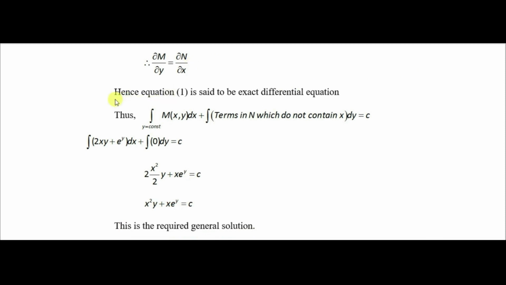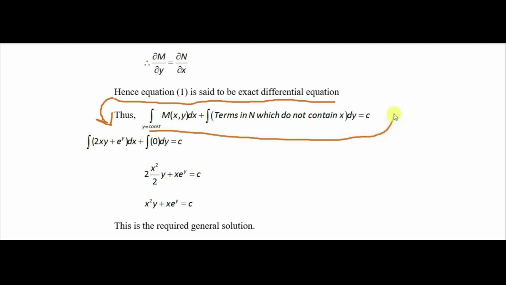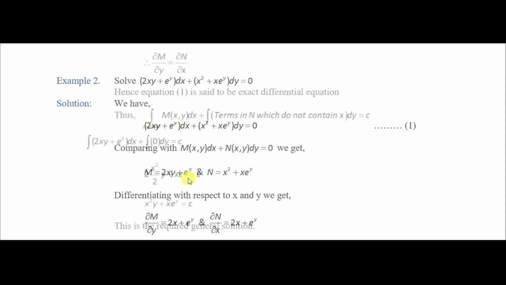From this condition, it is clear that the given differential equation is exact, and if the equation is exact, then we know how to find the solution. The formula to find the solution of an exact differential equation is given by this result: integral of M dx plus the terms of N which do not contain x, dy, equal to c. Here the value of M is 2xy plus e to the power y.